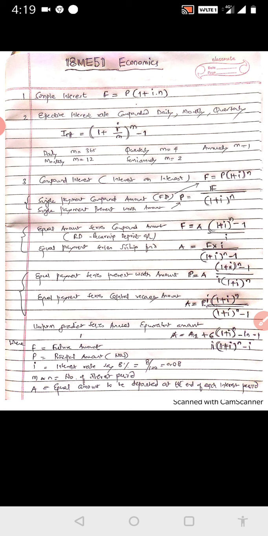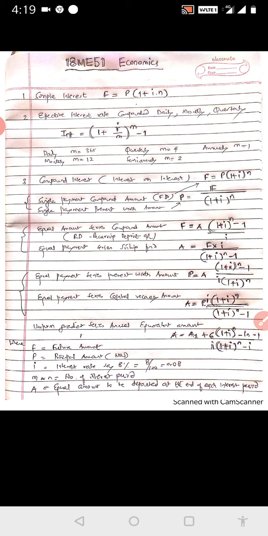So if you want to calculate the present worth, you will use this formula, or if you want to find the capital recovery, meaning the series monthly amount you are going to get, then you will find A. The same equation is rearranged. Either I am finding P, the present amount, or A, the equal amount I am going to get.